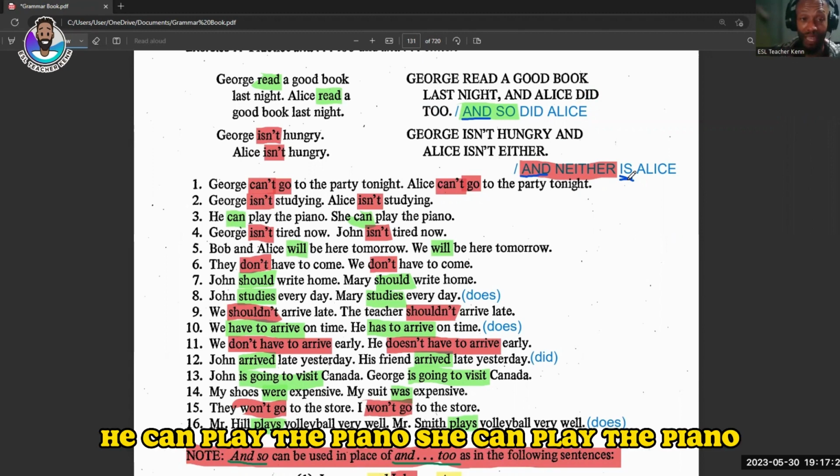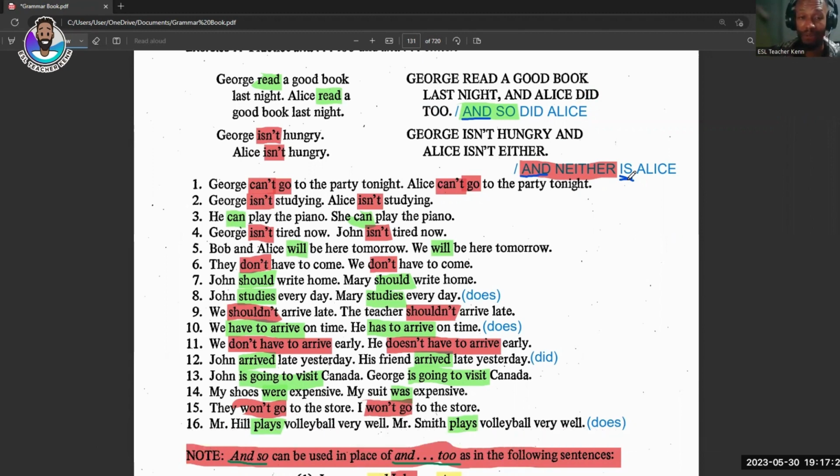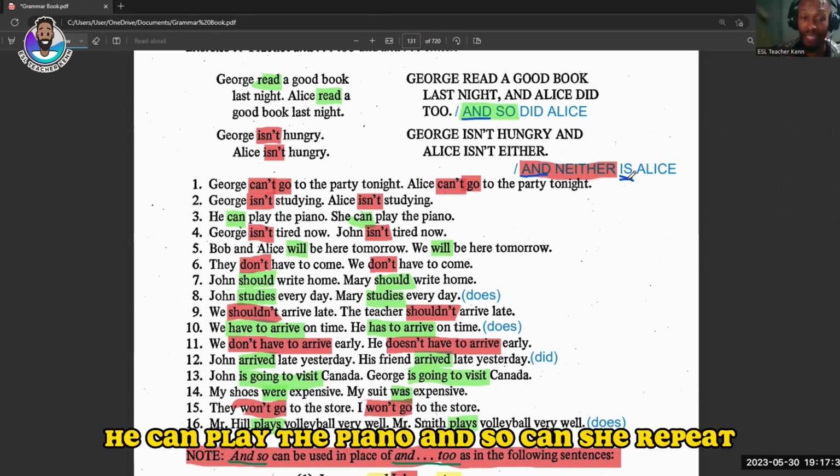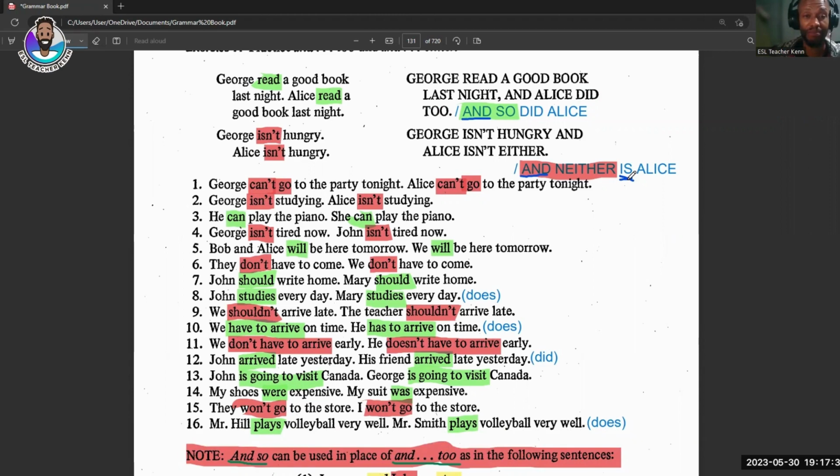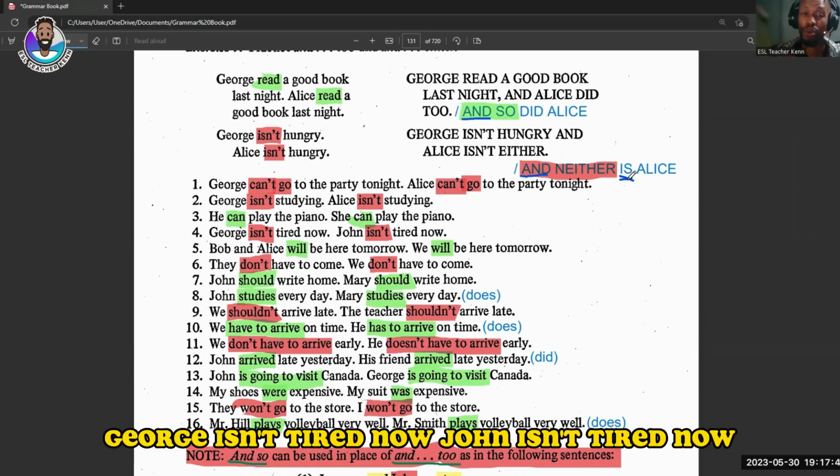He can play the piano. She can play the piano. He can play the piano, and so can she. Repeat. George isn't tired now. John isn't tired now.